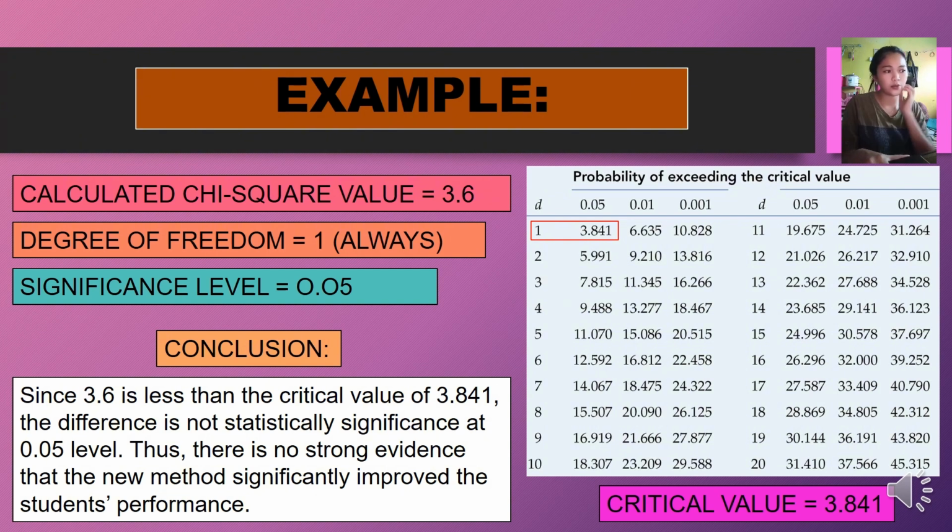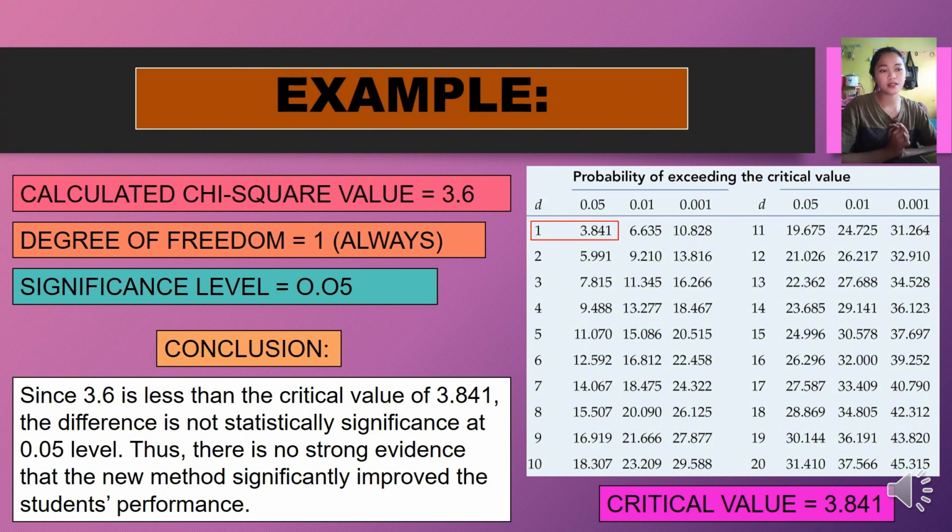So, here is our conclusion. Since 3.6 is less than the critical value of 3.841, the difference is not statistically significant at the 0.05 level. Thus, there is no strong evidence that the new method significantly improved the students' performance.